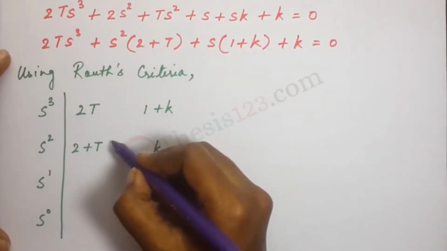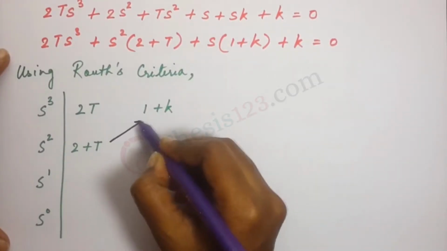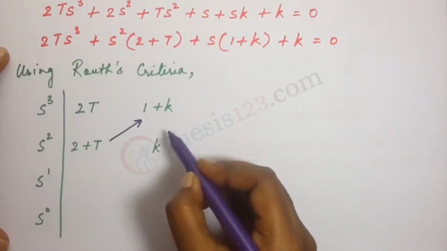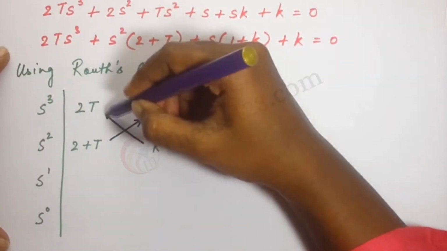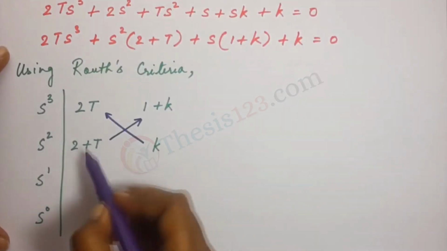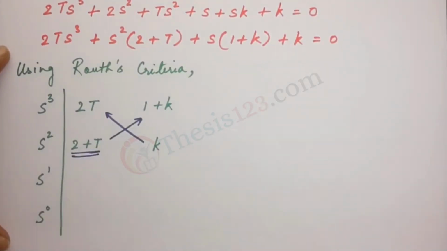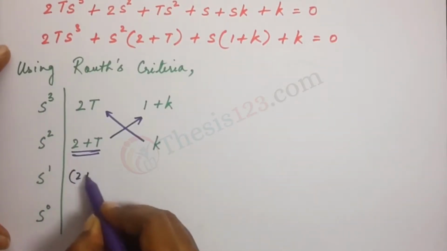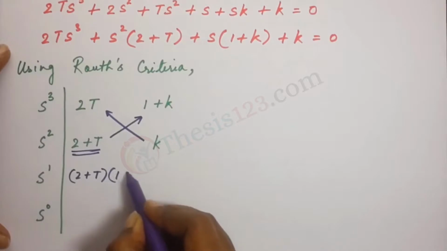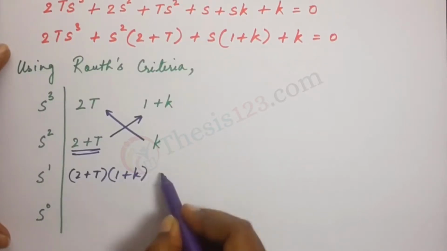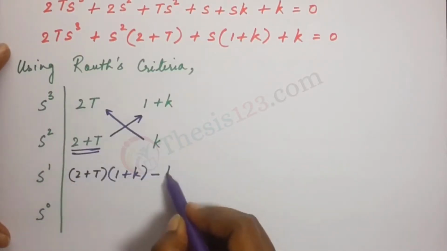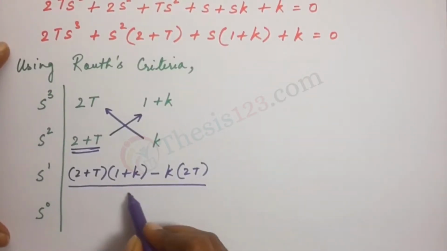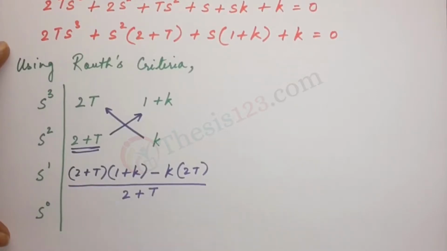So it's 2 plus t multiplied by 1 plus k minus k multiplied by 2t divided by the first term that we started out with. So here s to the power of 1 would be 2 plus t into 1 plus k minus k into 2t divided by 2 plus t.